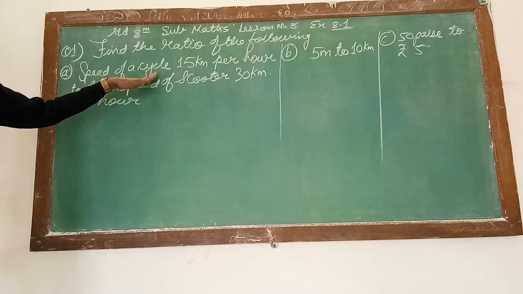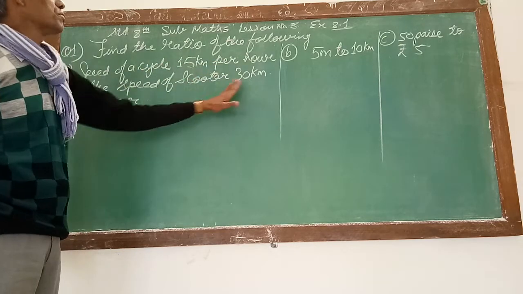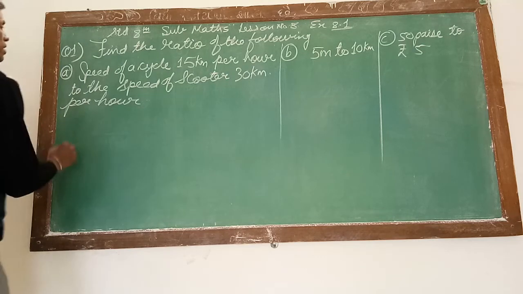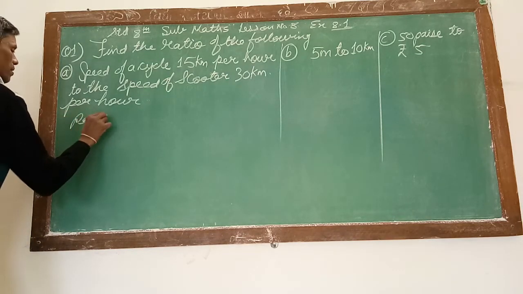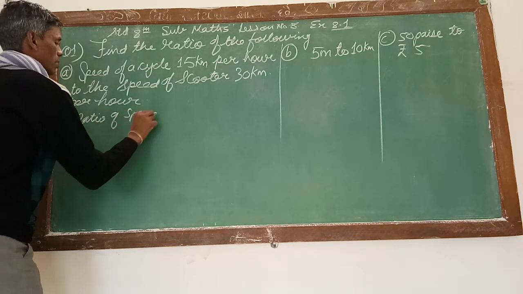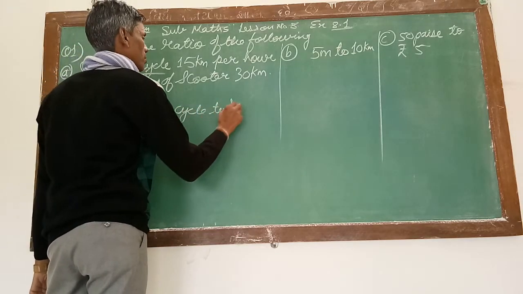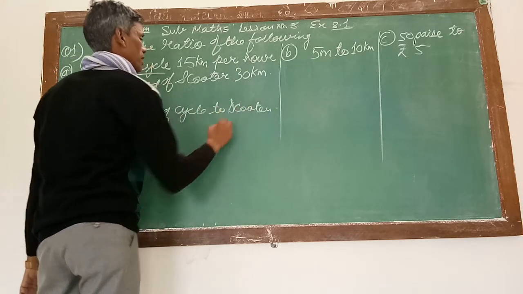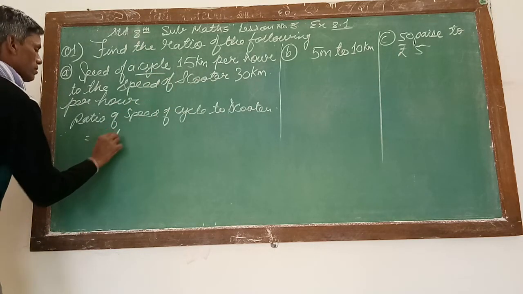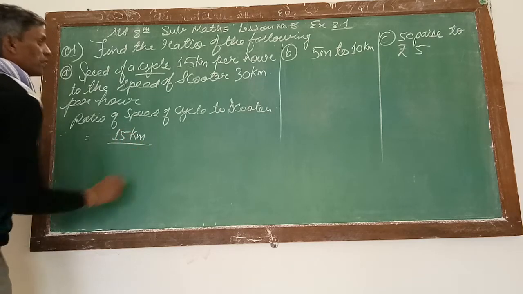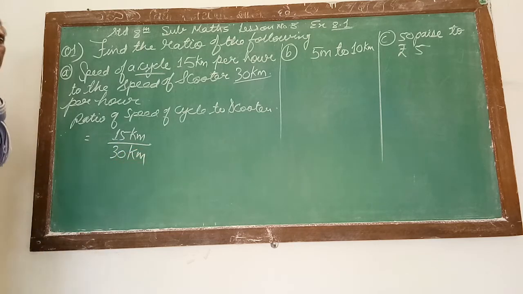The speed of a cycle is 15 km per hour to the speed of a scooter, that is 30 km per hour. We have to find the ratio of speeds. Ratio of speed of cycle to scooter is equal to 15 km and 30 km.